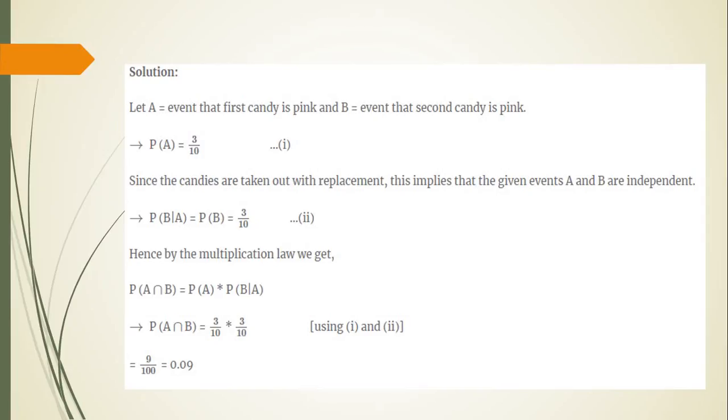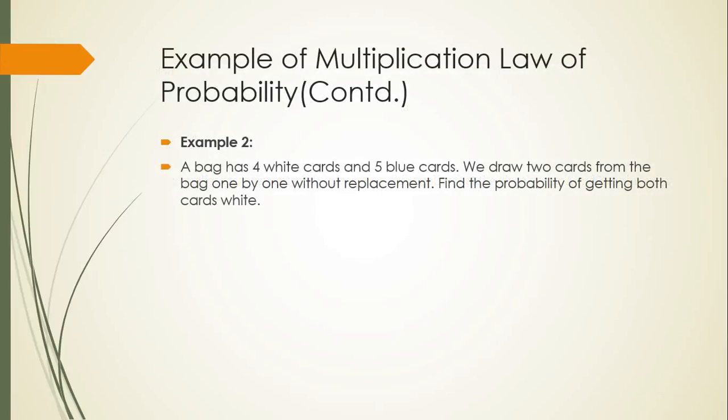Hence, in the multiplication law, we get the probability of A intersection B. As the events are independent, that is equal to the probability of A into the probability of B by A. Here B by A is not B divided by A. So the probability of the intersection of A and B is 3 by 10 into 3 by 10, that we get from equations 1 and 2. So the total value is 0.09. That's the probability.